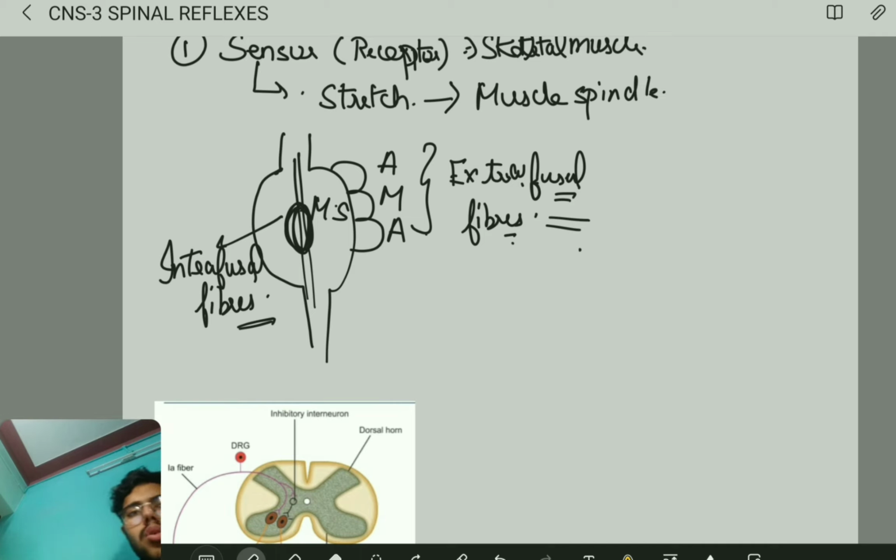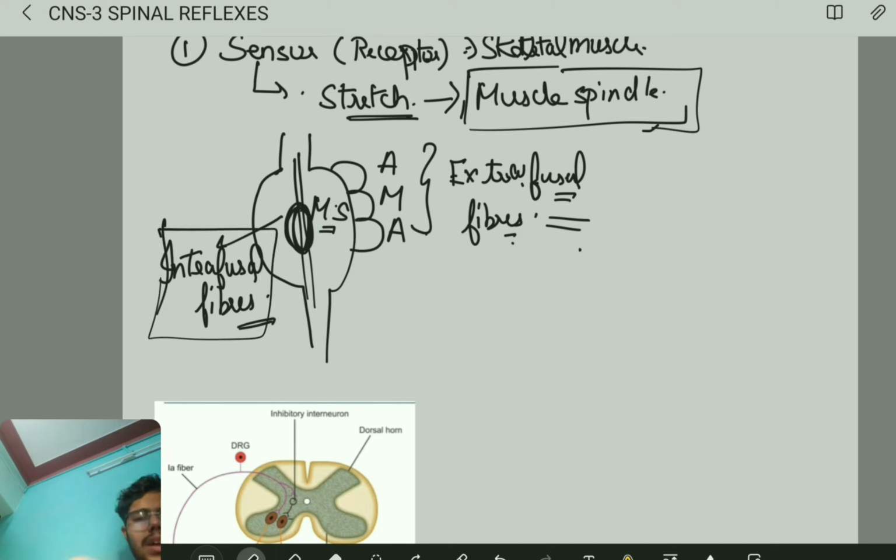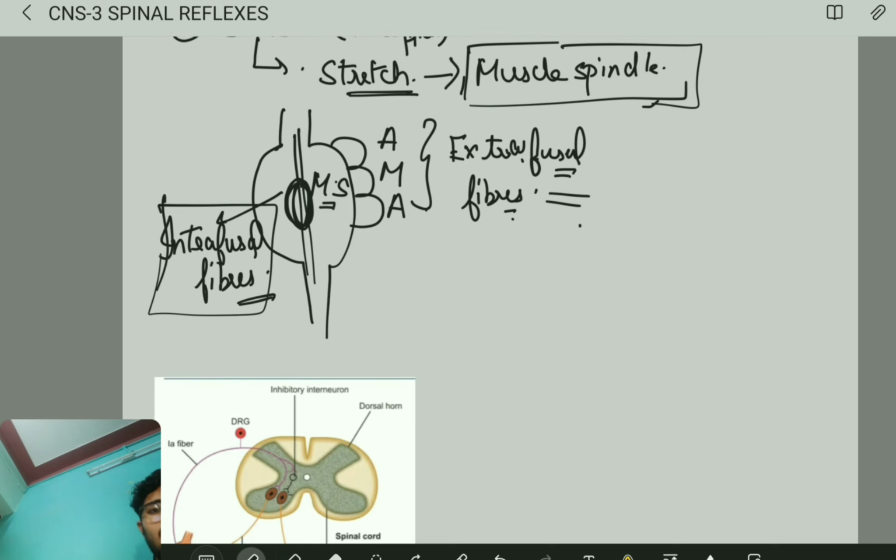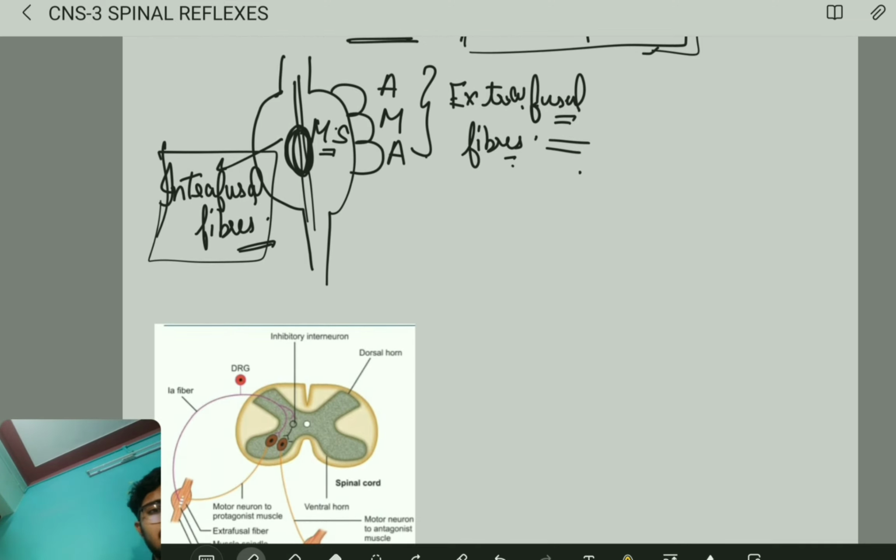So I want you to know that the stretch is mainly on the muscle spindle. That much if you know is enough. Muscle spindle is located where? Intrafusal fibers. This is what I want to know. Right? Okay. Now the extrafusal fibers and intrafusal fibers are parallel to each other.